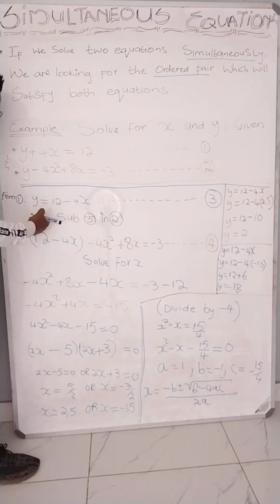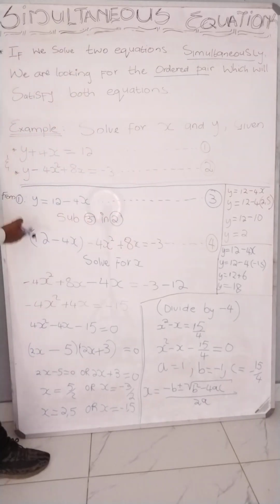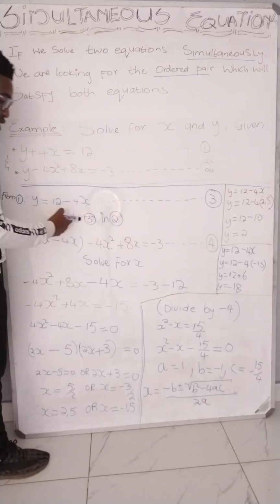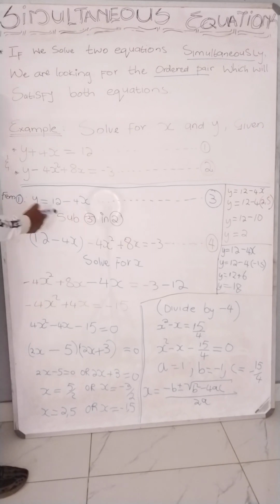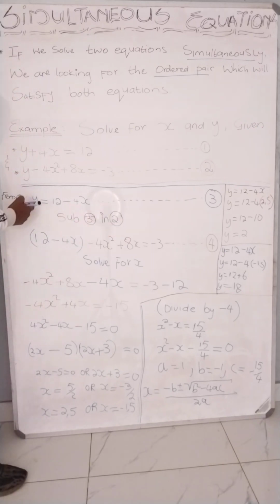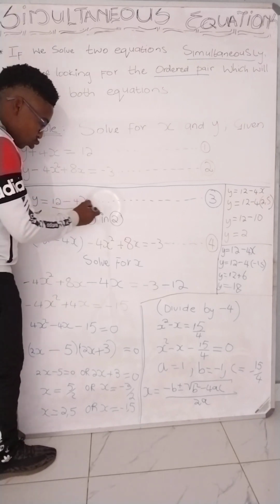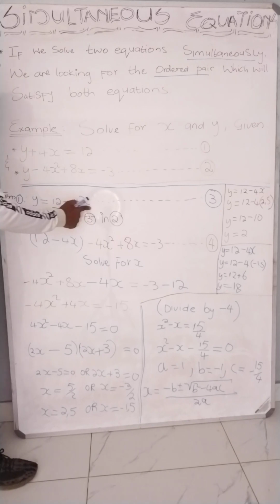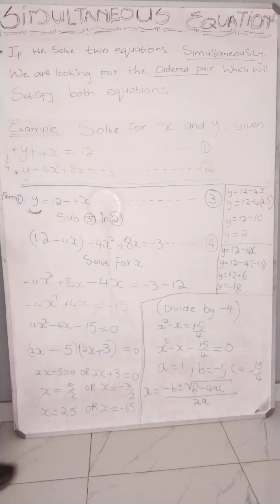Now, since from 1 we made equation 3, we are going to sub equation 3 into, sub means substitute, equation 2. So instead of y, we are going to put 12 minus 4x into equation 2.